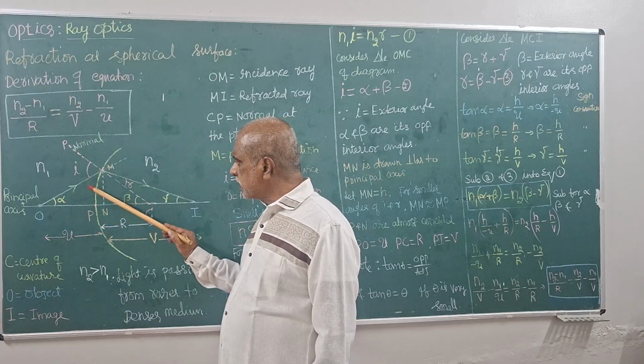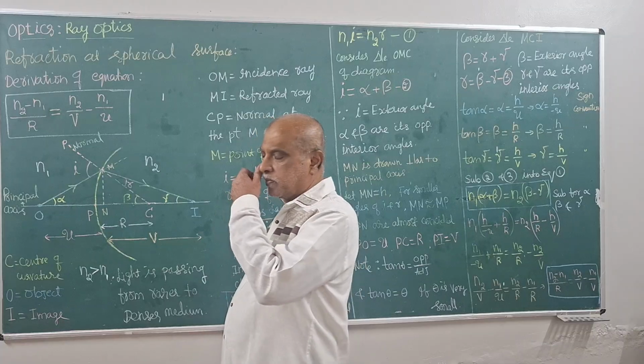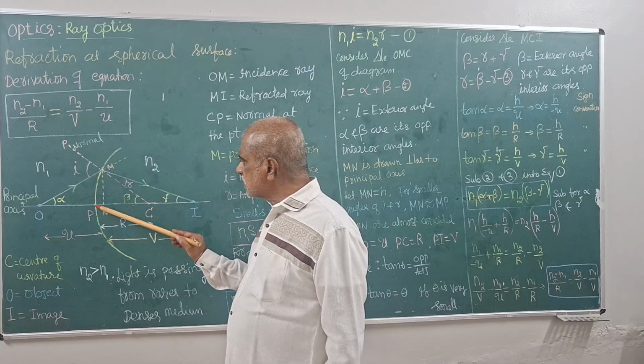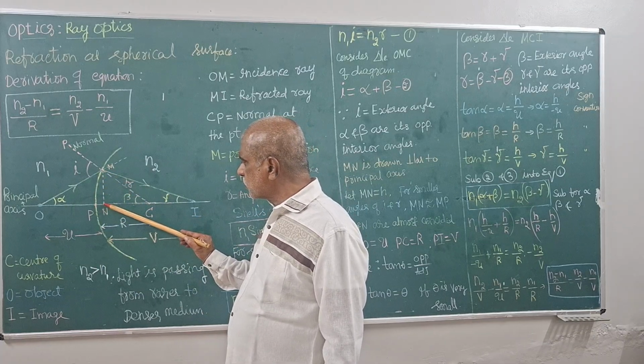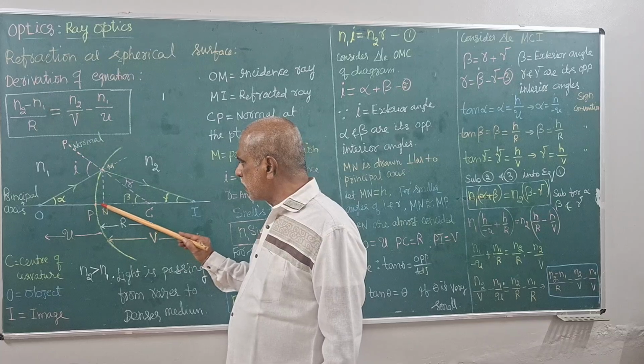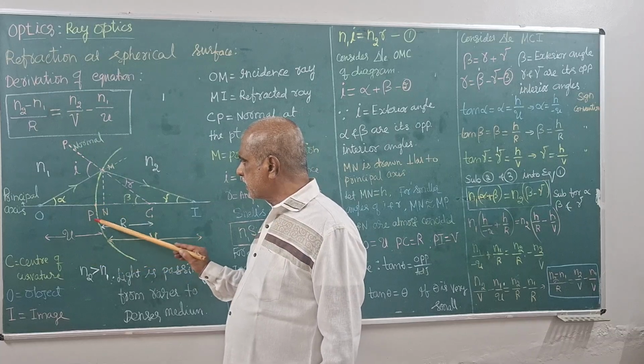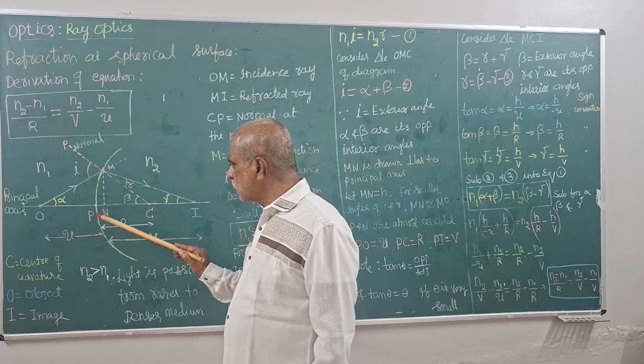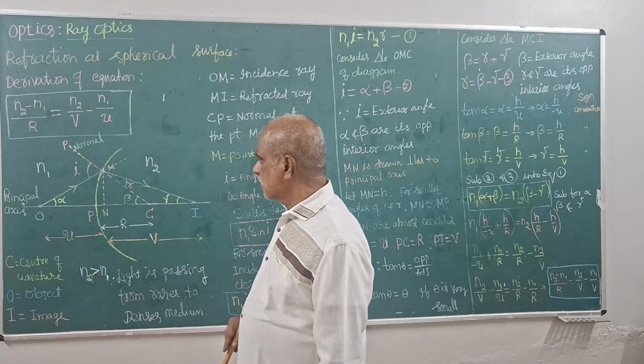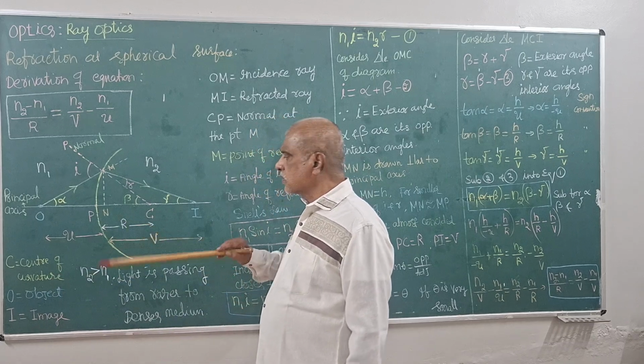If this line is very close to the principal axis, this length is almost the same as this length. Then you can say that ON is almost equal to u, and similarly v and r can be defined.